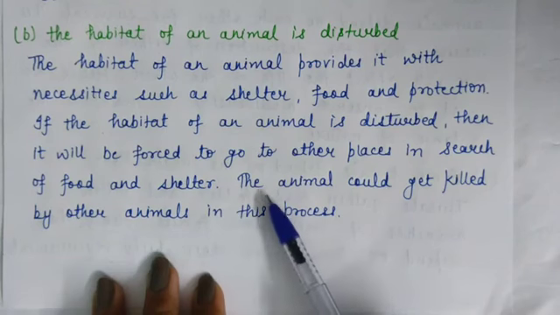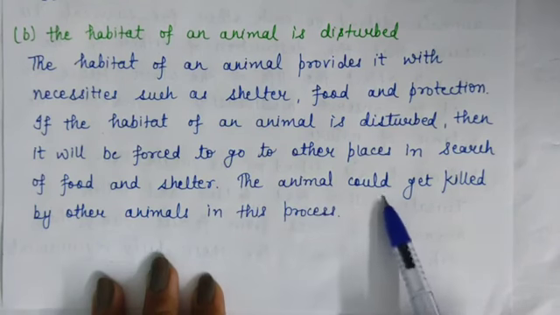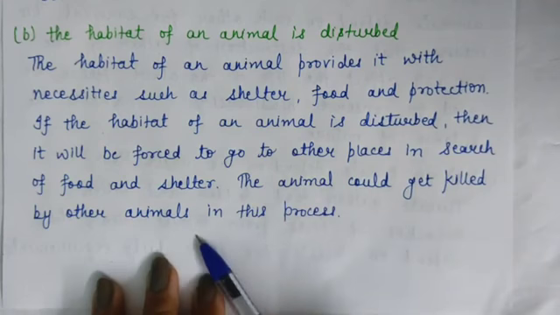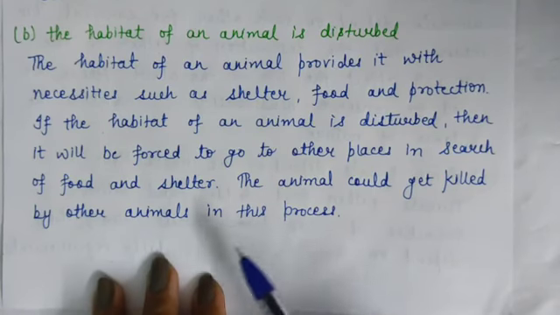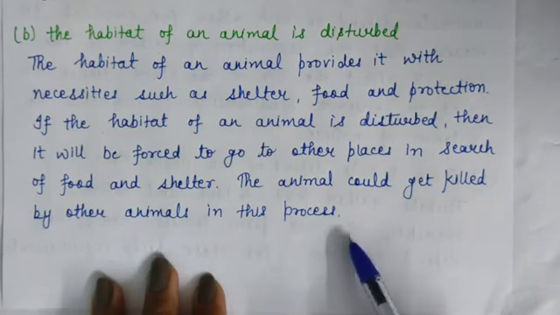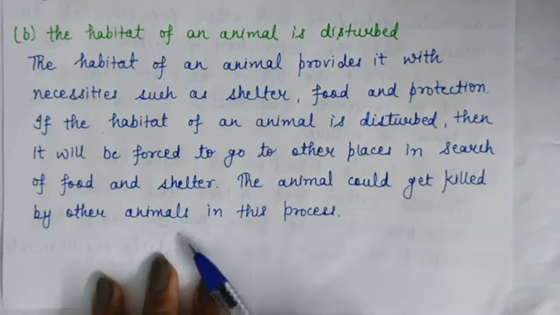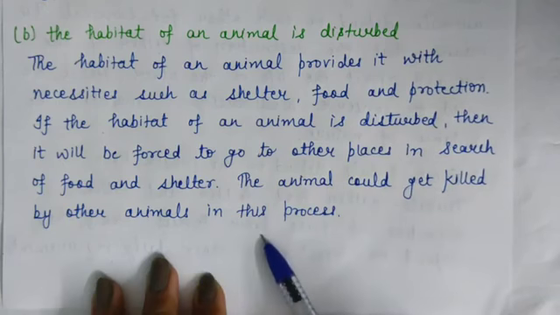It means what? The animals could get killed by other animals in this process. Means when they move from one place to another, the animals could get killed by other animals.